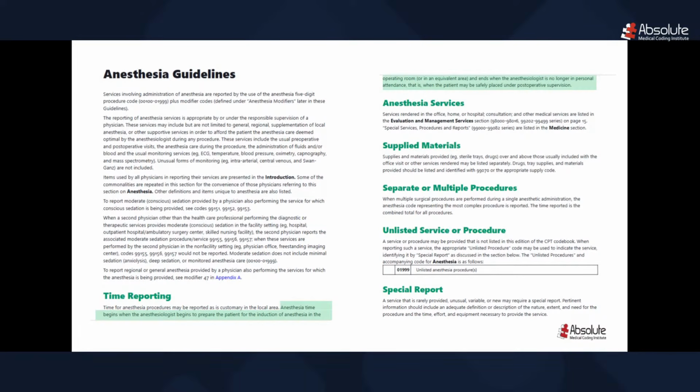And anesthesia time ends when the anesthesiologist is no longer personally attending and the patient is safe for post-operative supervision. I will repeat: anesthesia time begins when the anesthesiologist starts preparing the patient and ends when the anesthesiologist is no longer personally required.